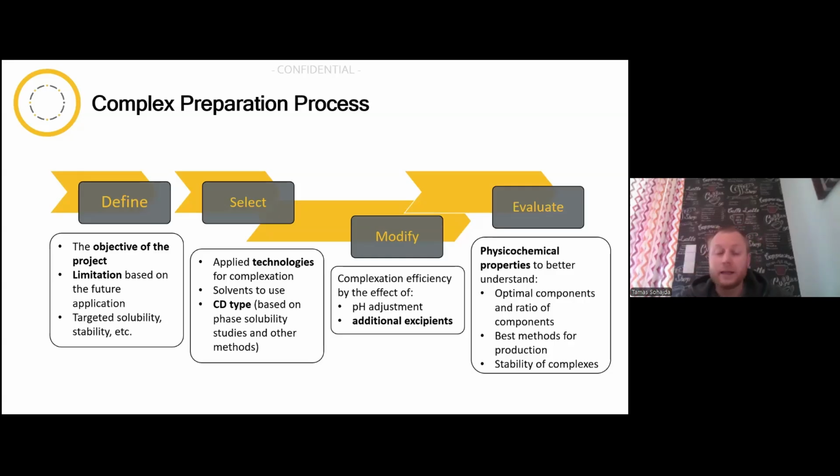We'll talk about that, and so on, a few factors. And then if you manage to create a proper product, in the end, you have to make sure that the complexation did happen, what it looks like, how the active ingredient is released from the cavity, how stable it is, and so on.